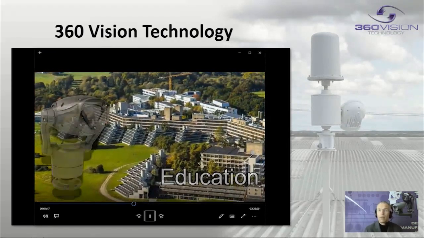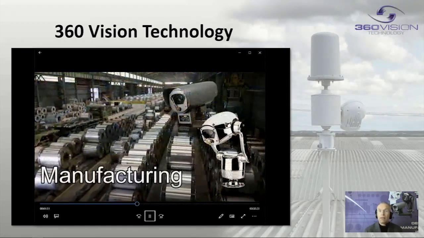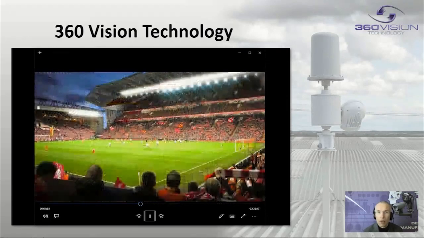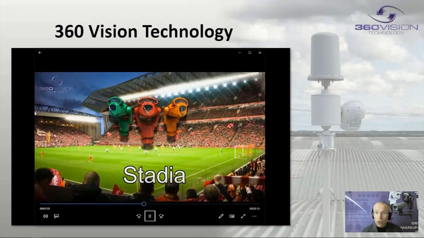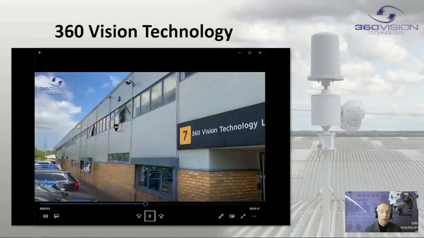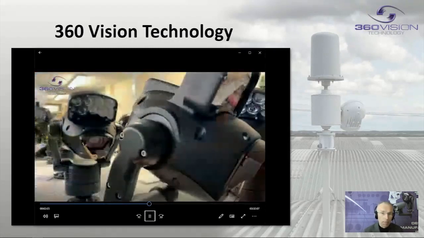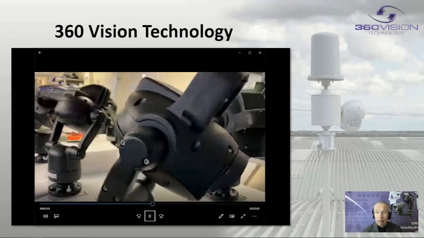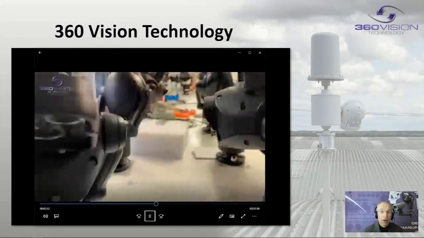And that's what we're going to go into in our presentation today and tease out the particular functionality of the radar technology and where it is appropriate to use that. And also importantly, where perhaps not to use it, because it's good to know essentially the best applications to guide the product to. But here's a little bit more on 360 Vision before we get to that point. Some footage actually from our factory in Runcorn.